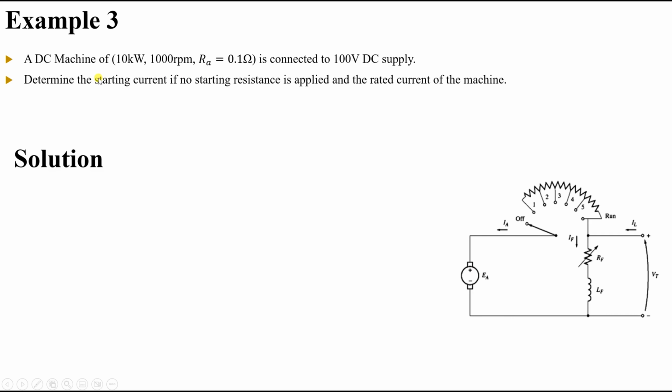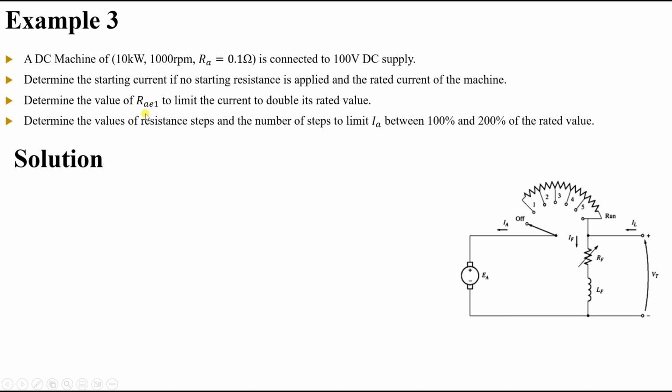Determine the starting current if no starting resistance is applied, and the rated current of the machine. Find the value of R_e1 to limit the starting current to double its rated value, and find the value of resistance steps and number of steps to limit the current between 100% and 200% of the rated value. So this is basically the design of starting of the machine.